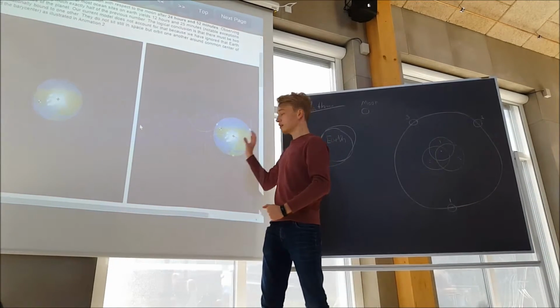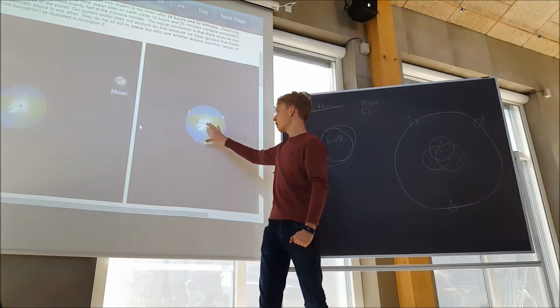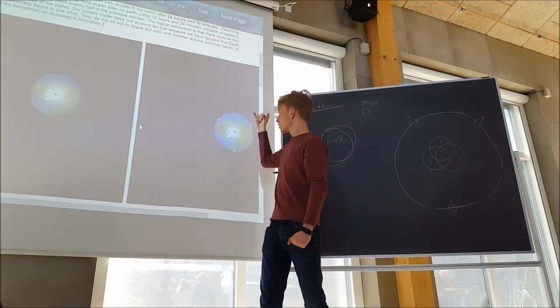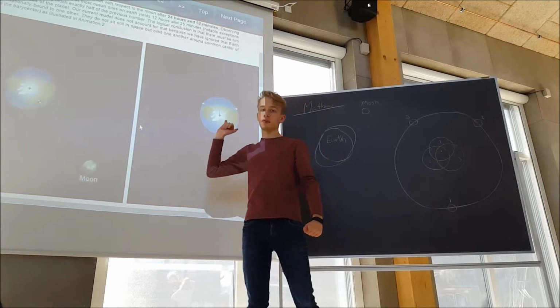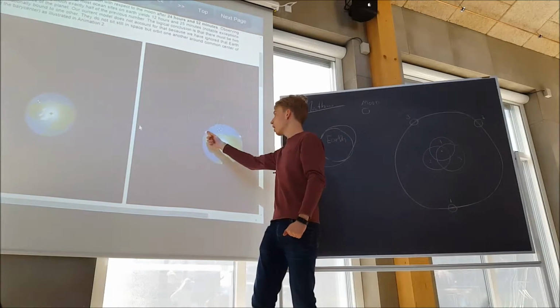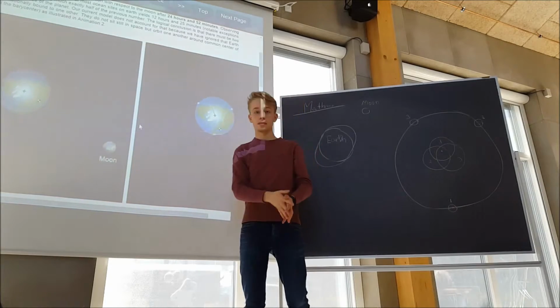But in this theory, the Earth turns around the center of gravity just like this, and because it does this, the centrifugal force on every point of the Earth is equal, just because they are doing the same circles at the same time.